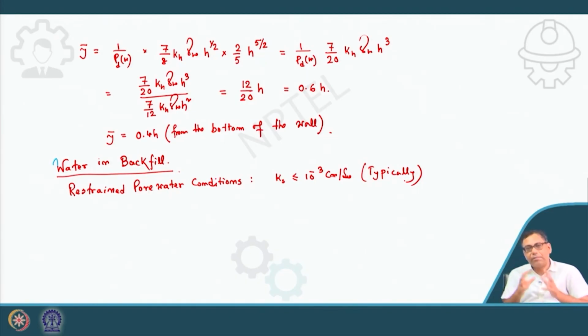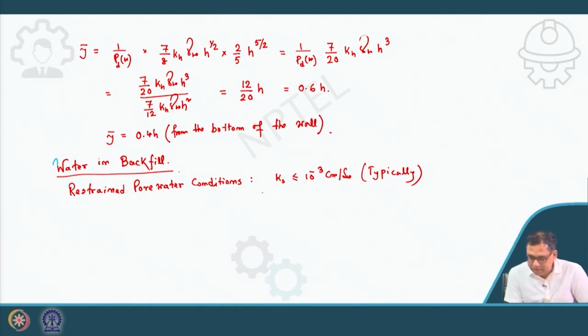That means if the permeability of the soil is small enough that the movement of the water during the earthquake and the soil skeleton are the same, the soil water will move along with the soil particles. Okay. So, there will be no relative movement between soil and water. So, the pore water will move with the soil.